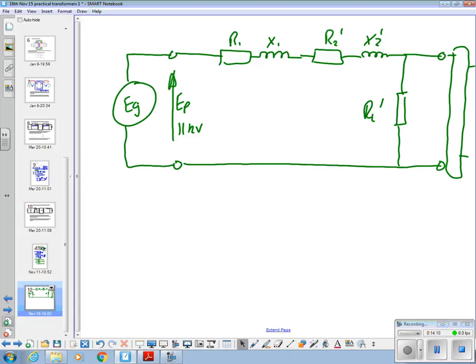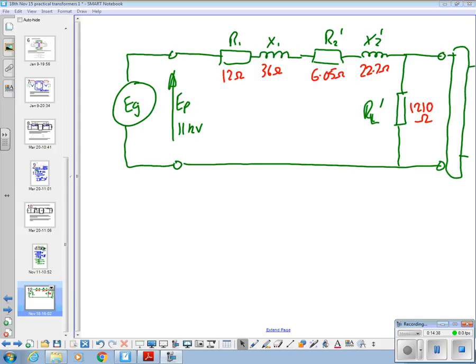Let's put some values on there. R1. So that's our impedances transferred to the primary model, with either the given values or the calculated values added for the transferred components in the primary.